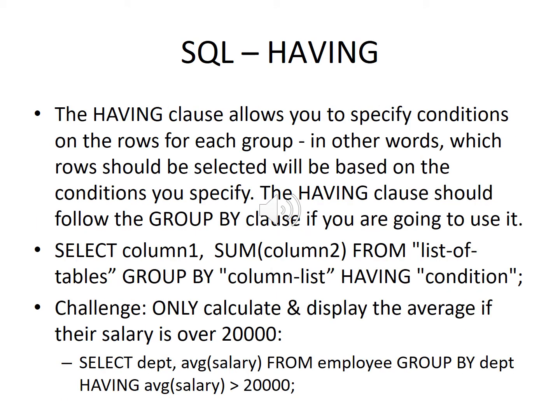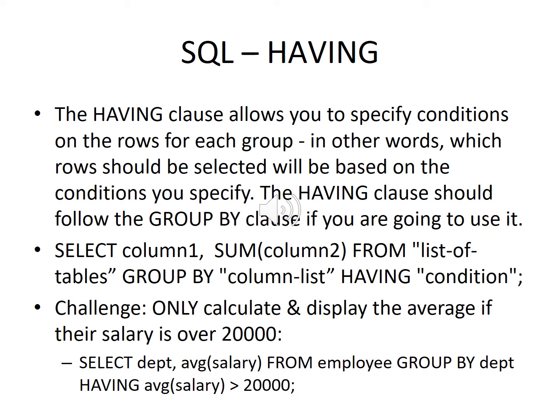Let's talk about the having clause. The having clause allows you to specify conditions on the rows for each group. In other words, which rows should be selected will be based on the conditions that you specify. The having clause should follow the group by clause if we're using it.